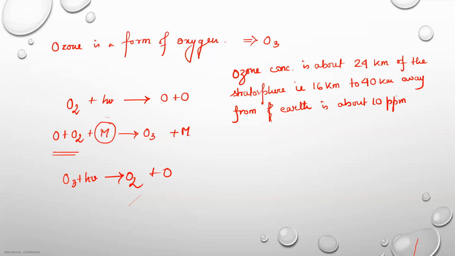Now, this equilibrium is disturbed by reactive atoms of chlorine. This equilibrium, when disturbed, that is causing us harm. This equilibrium is disturbed by reactive atoms of what?